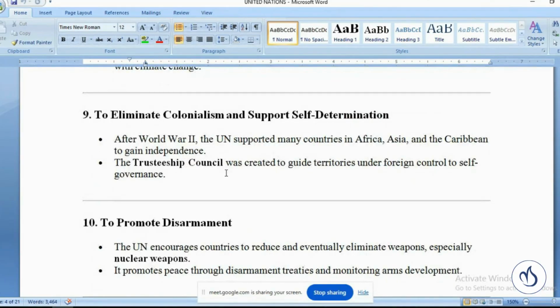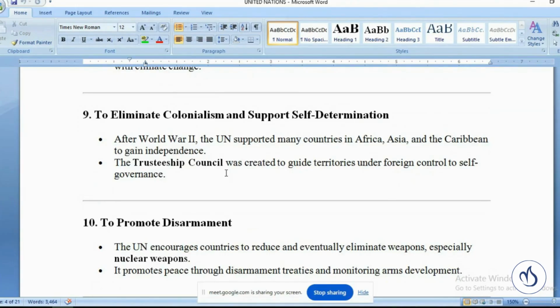Another one, eliminate colonialism and support self-determination. Most especially after the World War, the UN supported many countries in Africa, Asia, and the Caribbean to gain independence.